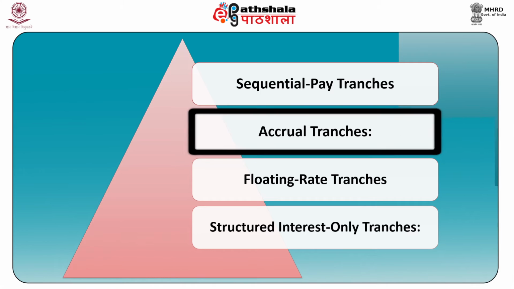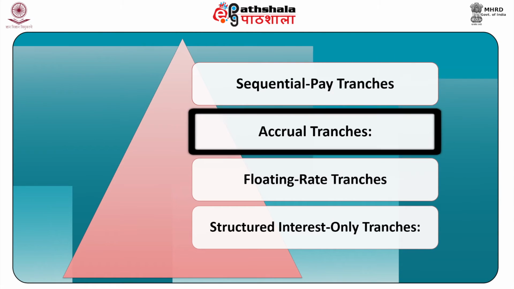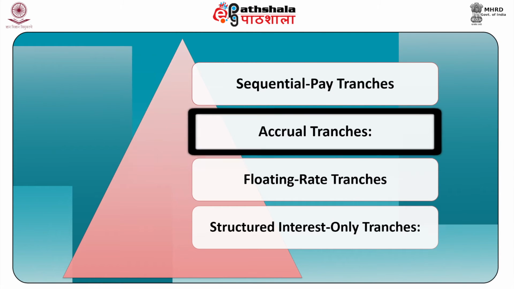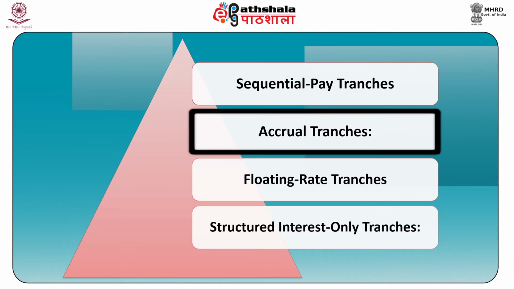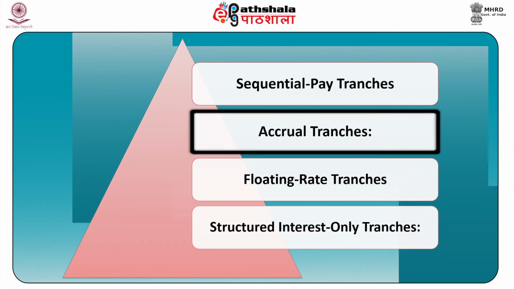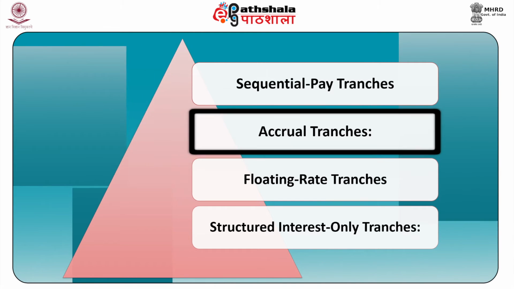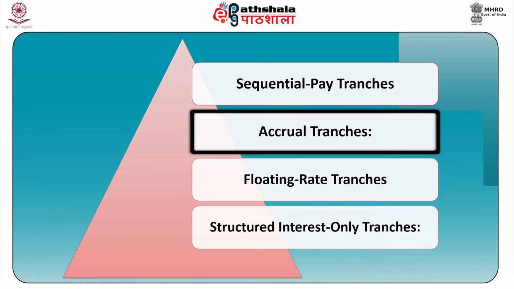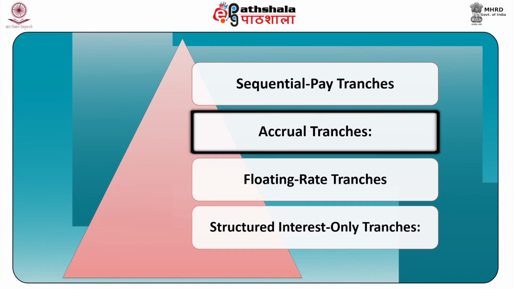The coupon payment which would have been paid on these Z bonds is used to pay off the principal of other tranches. The coupon payment on these Z bonds continues to accrue based on their principal outstanding and the previous month's accrued coupon, which is added to principal outstanding each month.